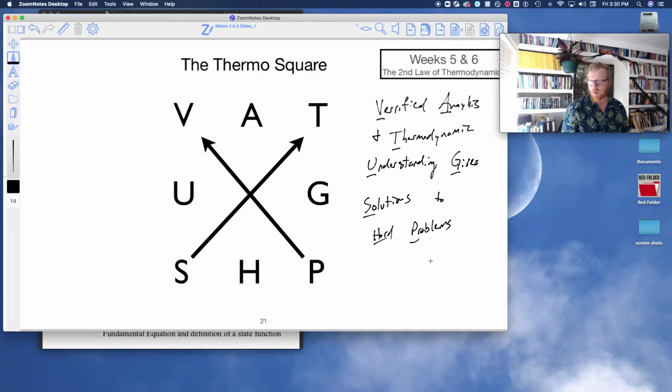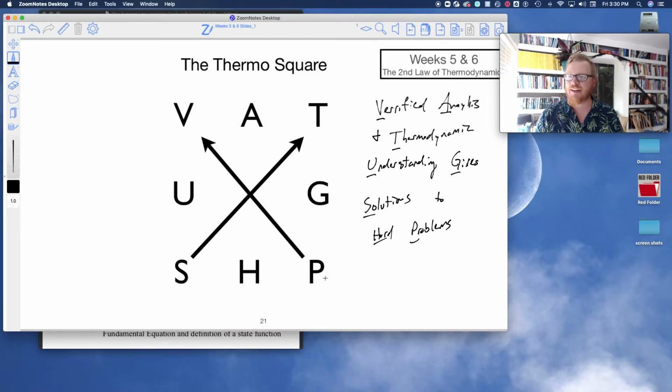Now, this is what my grad professor gave us. I will tell you right now, none of my friends in grad school actually used this one. We came up with our own, and it was kind of crude and had some dirty words in it. I'm not going to tell you what it is. You have to come up with one yourself. I said that to the class last year, and the best thing they came up with was VAT, UG, SHIP.